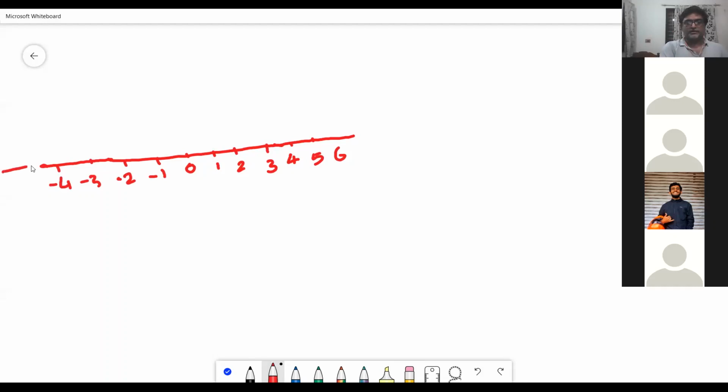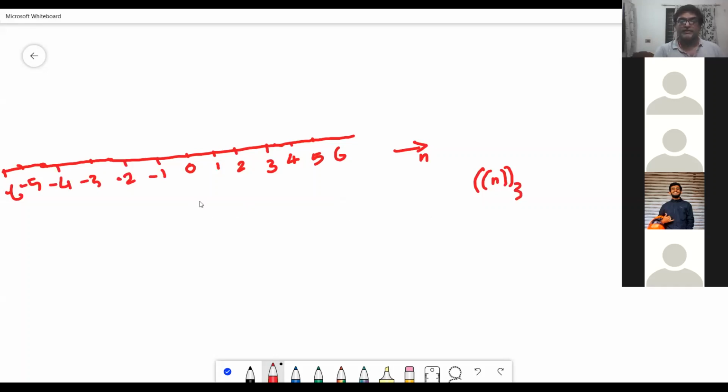I'll write a few more values to illustrate why this is important. Minus 5, minus 6, etc. And now these are the values for n. Now let us compute n modulo 3, and we will write the values underneath this.